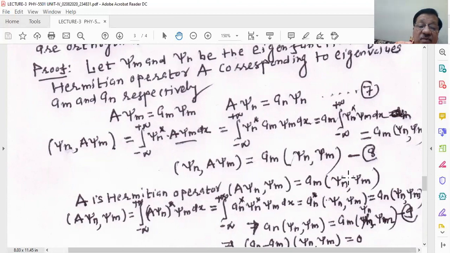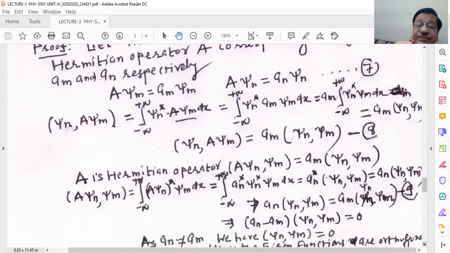Now let us see this term, because the left hand side of this equation is (Aψn, ψm). Look at this term.